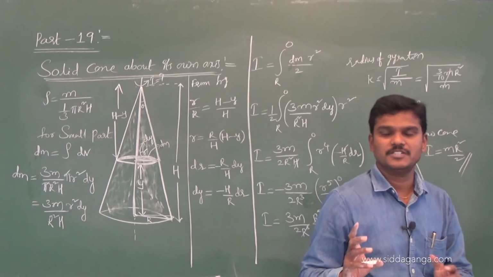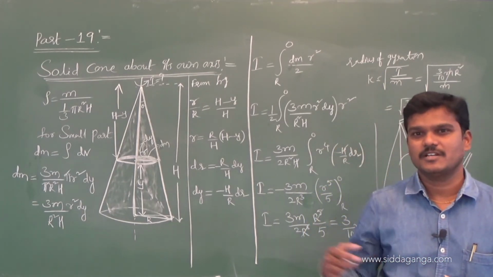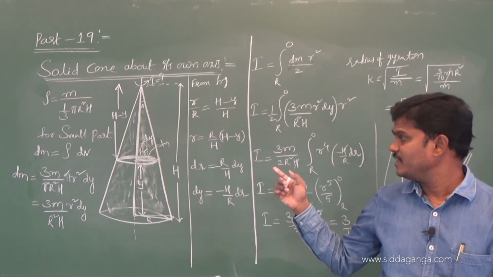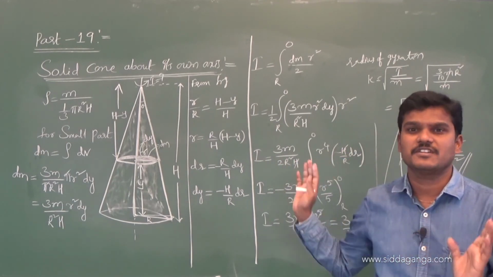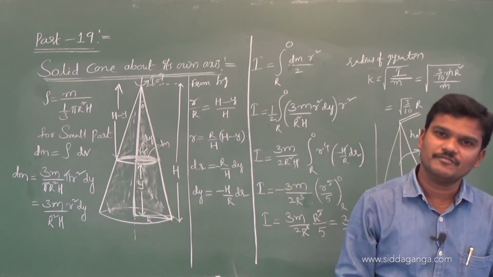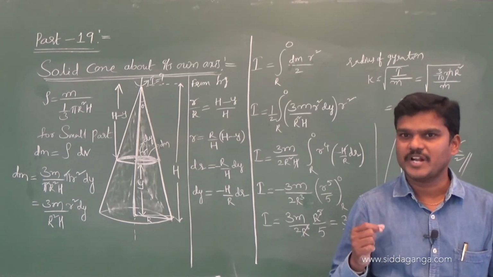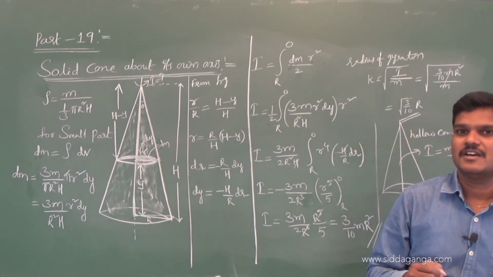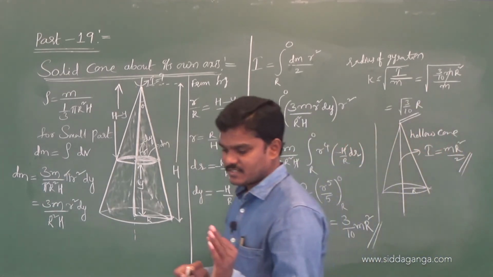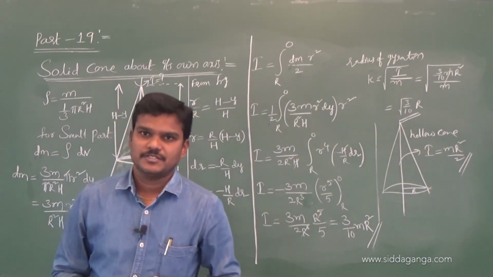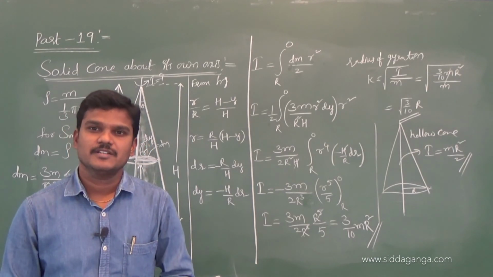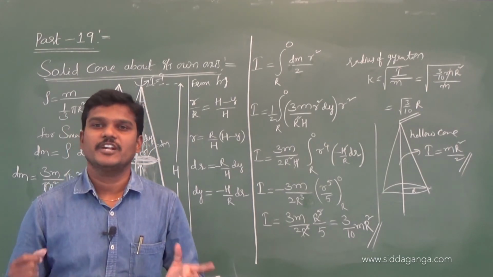Okay, if derivations are your interest, because for every formula I derived, I showed every derivation on the board, and if you are comfortable with integrations, then better you practice all these integrations. Otherwise, at least practice the formulas, because formulas will help in solving a variety of questions.